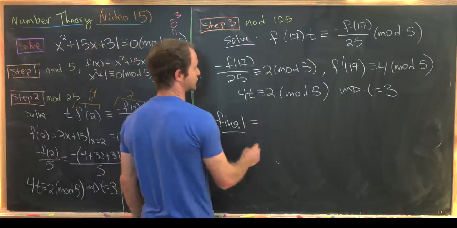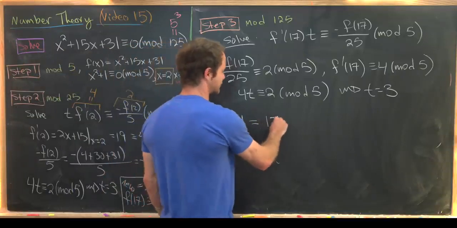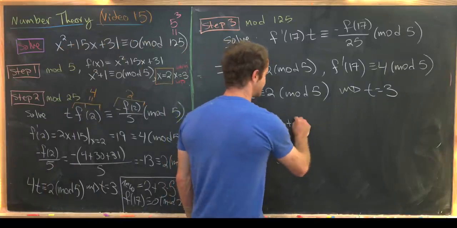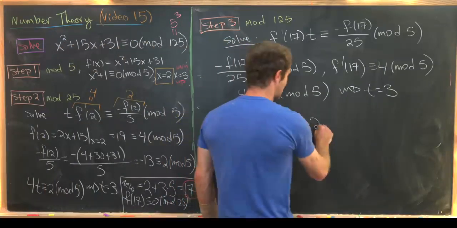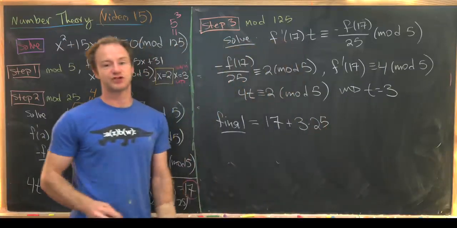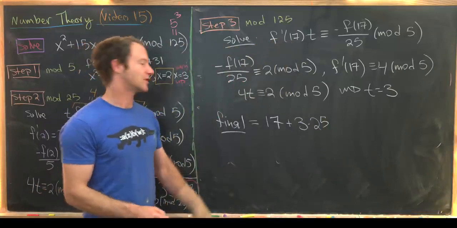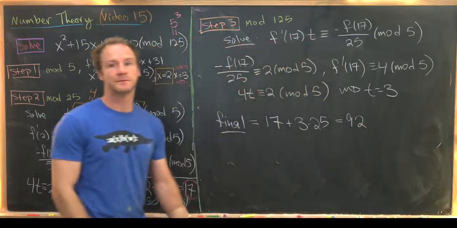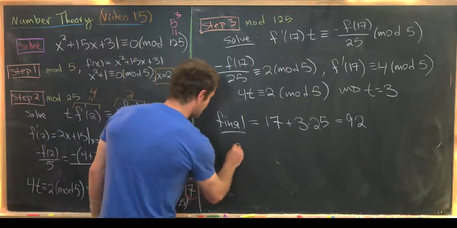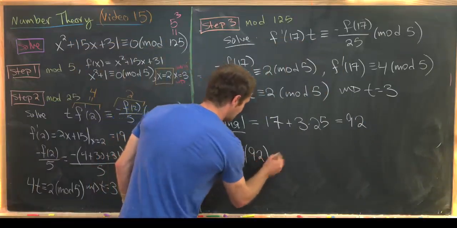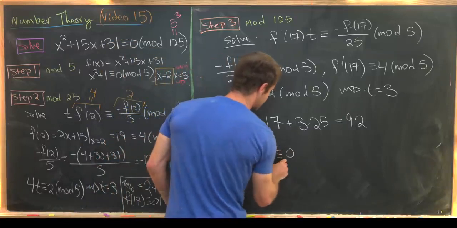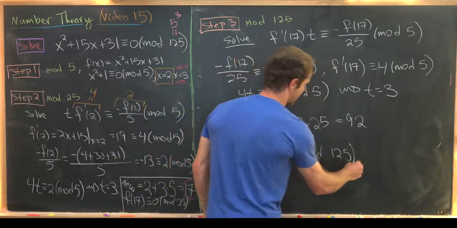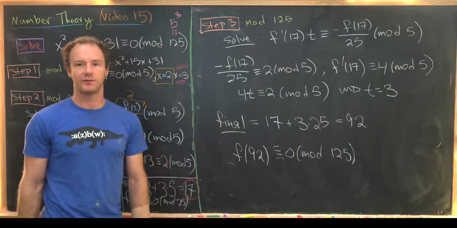So our final solution will be our intermediate solution, which was 17, plus our value of t, which is 3, times our new power of 5, which was 25. So you can put all that together and see that you get the number 92. And now you can check that f evaluated at 92 is congruent to 0 modulo 125, which is exactly where we want to end up.